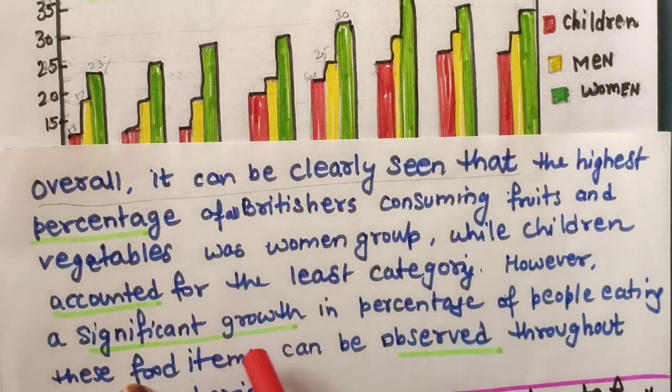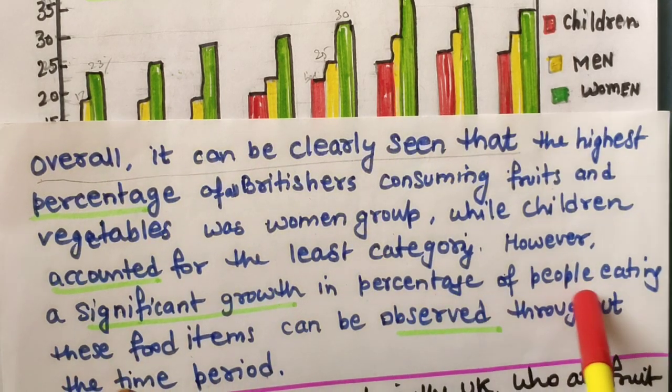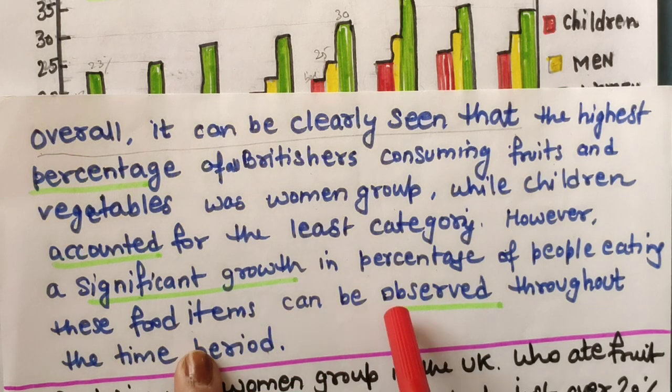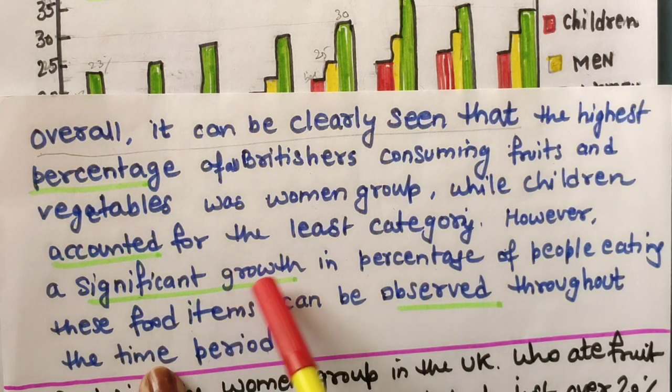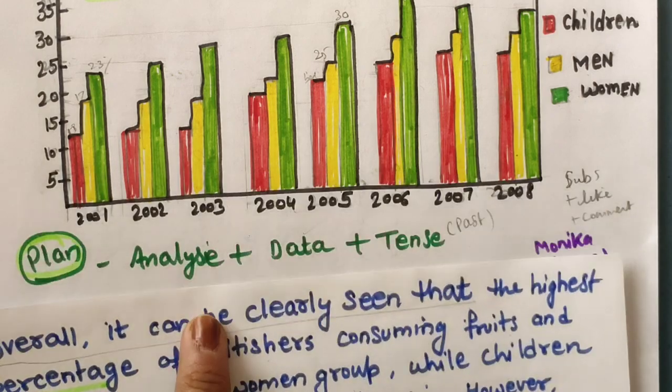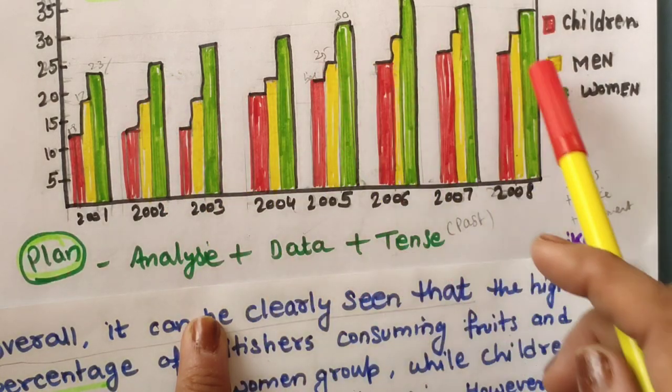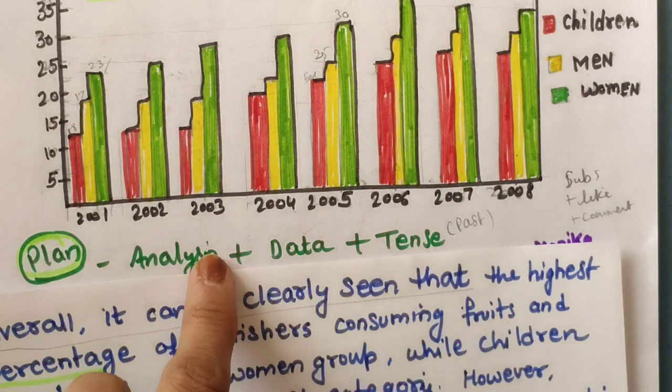However, a significant growth in the percentage of people eating these food items can be observed throughout the time period. Significant growth, yes, we can observe that everyone is going up. So that is the overall.